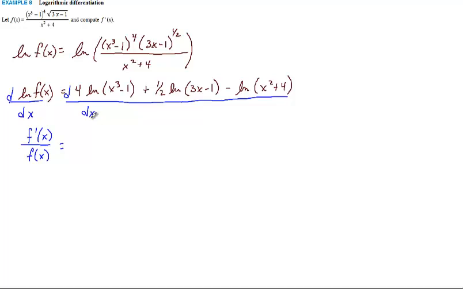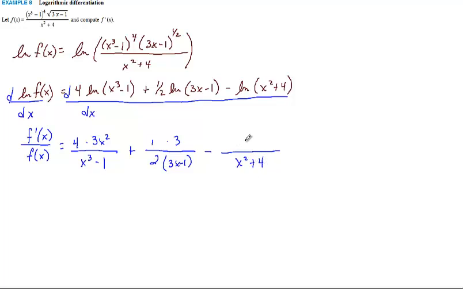Next I'm going to take the derivative of each one of these independently because they're sums. So the derivative of this first term is 4 over the u, because that's the derivative of log, multiplied by the derivative of the inside, so that would be 3x squared, plus I would have 1/2 times 3x minus 1, times the derivative of what's on the inside, that would be a 3, minus the 1 over x times the derivative of what's on top, that would be 2x.